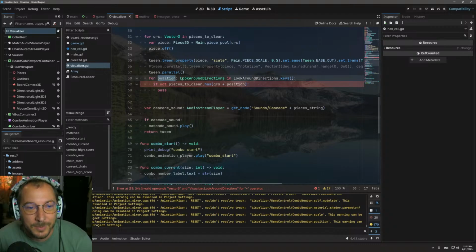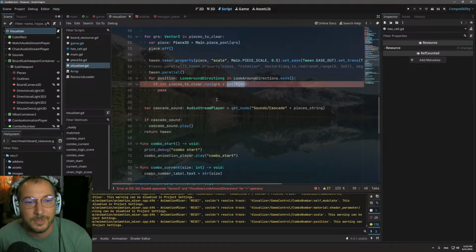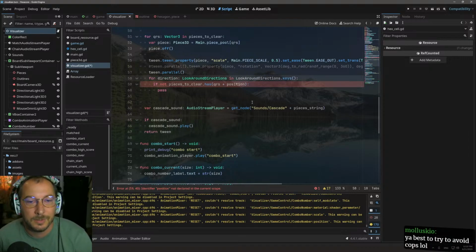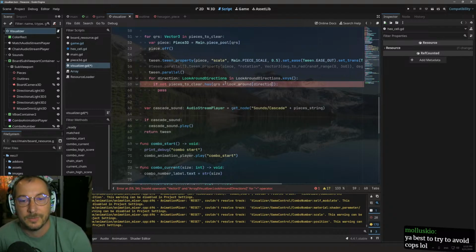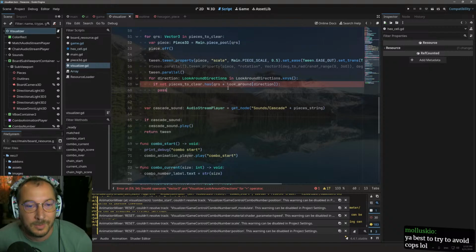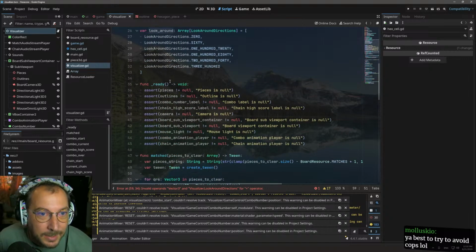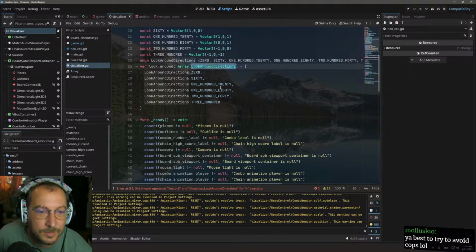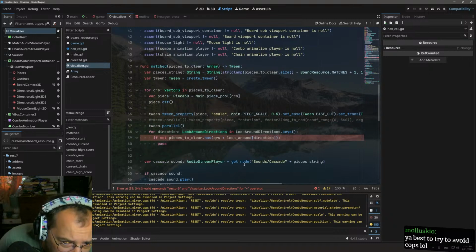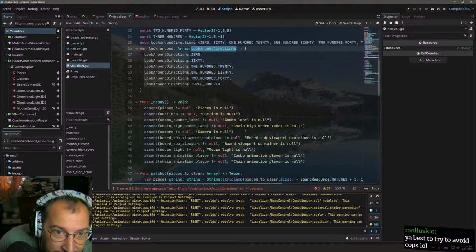Okay, so look around. Pieces to clear has QRS, and it's not position, so we're going to say direction. This is look around direction, so we're using that as an index into the look around array. A plus operator.